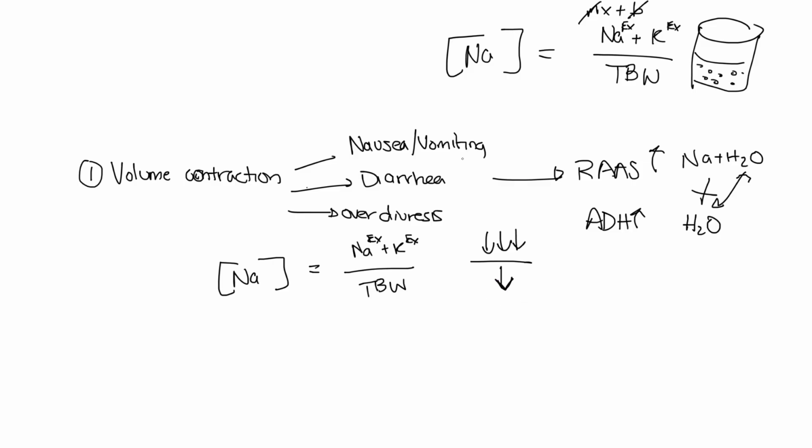Normally, nausea, vomiting, and diarrhea are situations where we actually are losing hypotonic fluid. What does that mean?